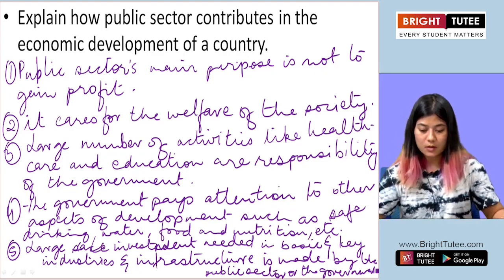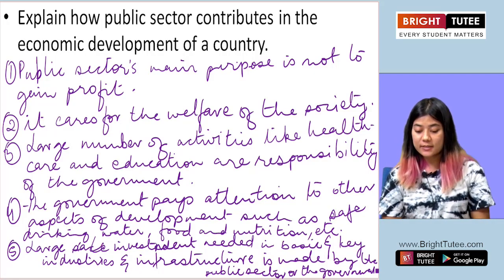All right. So with this, we have come to the end of this topic. So very briefly, this topic was about different sectors of economy or the economic system of India.